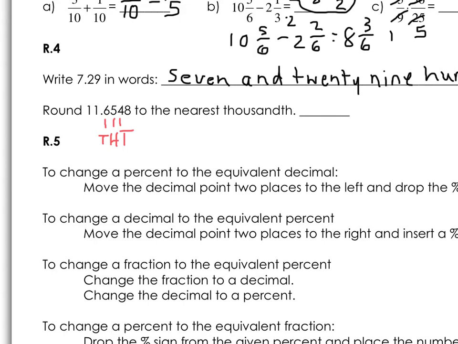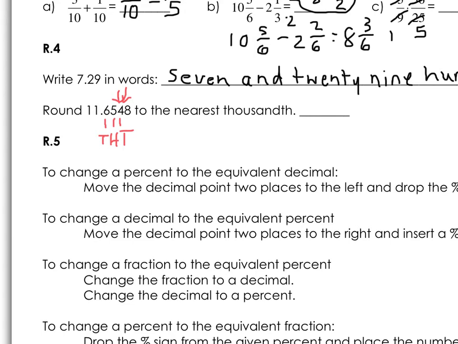So how can we round 11.6548 to the nearest thousandth? Well, the number that we're looking at is that 4. To decide how to round it, we look at the number to its right, which is the number 8.